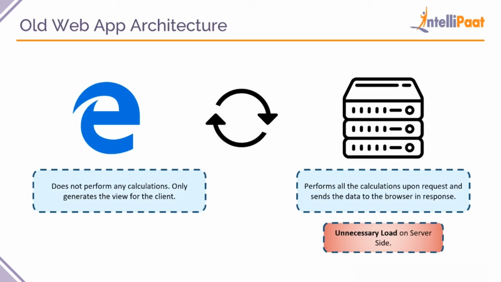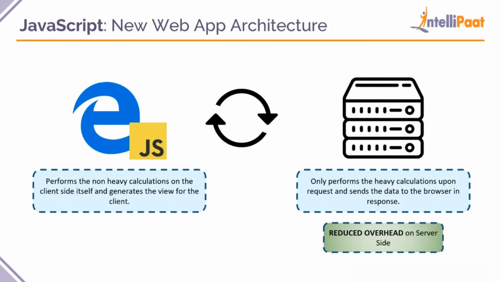So basically what the introduction of JavaScript did was that all the non-heavy, non-complex calculations can be done on the client's web browser, where it wouldn't cost too many resources on the client's end, and help the client get better server performance, just because there is lesser load on the server.